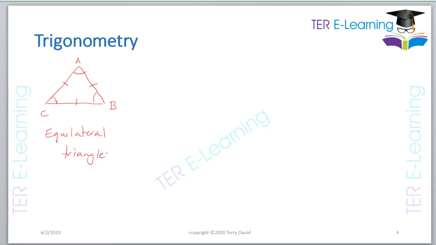All right, so in an equilateral triangle, all the angles are the same, all the lengths are the same. Now, we have a next kind of triangle here that looks like this. In this particular triangle, we have ABC again. We have two lengths that are the same and two angles that are the same. What type of triangle is this?